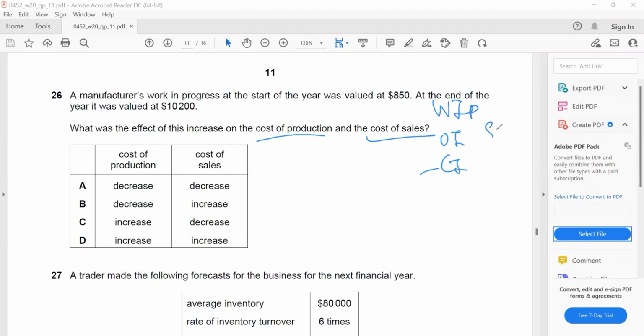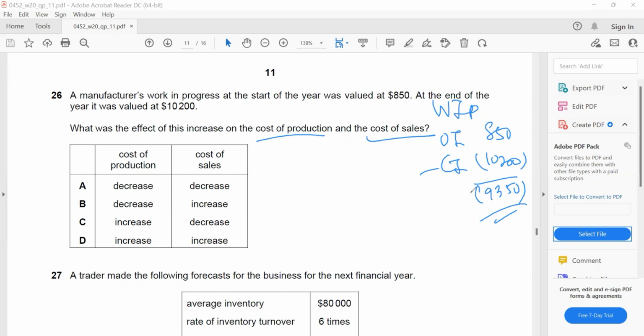So opening is 850, minus 1022. So 850 minus 1022, we get 9350. So this is the decrease.